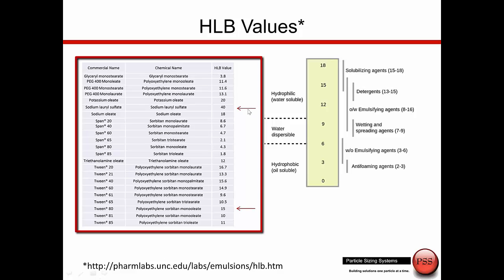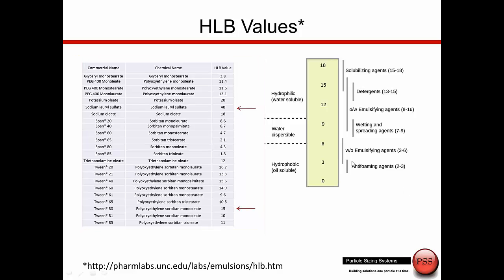By looking at this table, and then on the graph on the right, I give you some guidelines: very low HLB numbers mean that the surfactant would be hydrophobic, meaning it would be soluble in oil. So if you're going to create a water in oil emulsion, you'd probably take this surfactant and disperse it in the oil phase to begin. But then as we get above HLB numbers of 6 or so, these surfactants are water dispersible. And these are the surfactants you would use for oil and water emulsions.